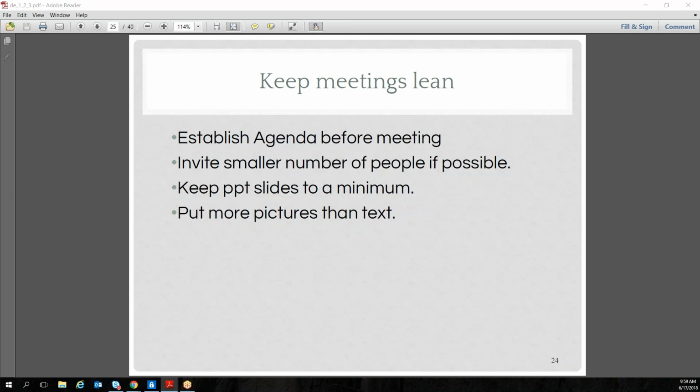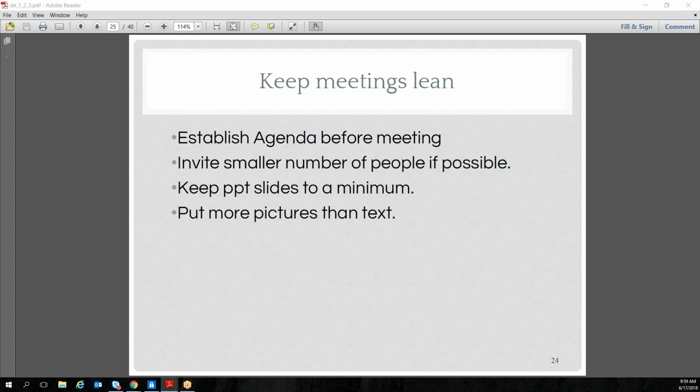This is an important point, guys, because whenever you make your project presentations, you will be asked to keep your PPT as concise as possible. When we have a large number of slides, listeners become overwhelmed, and they get a lot of information which is difficult to absorb in a short time.